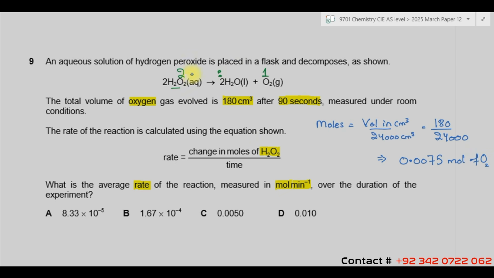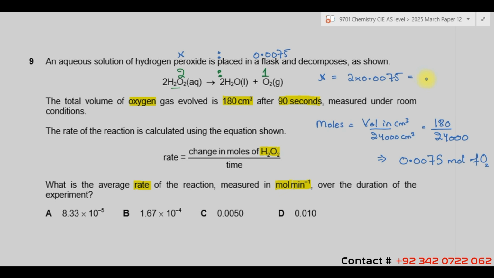Now according to the ratio, we have 2:1, so we can find out moles of H2O2. If oxygen is 0.0075, we can cross multiply. So X will be 2 into 0.0075.